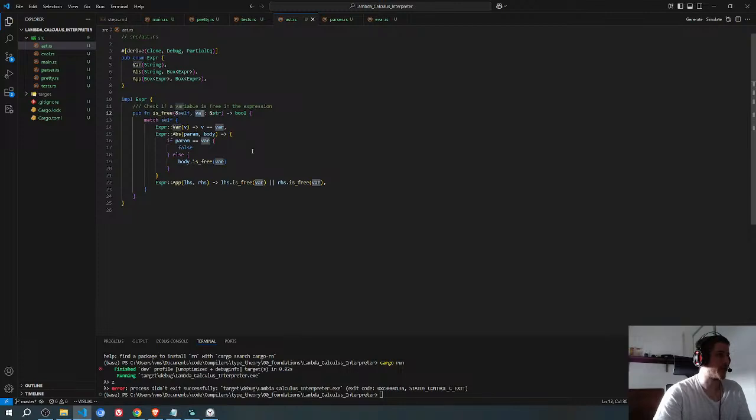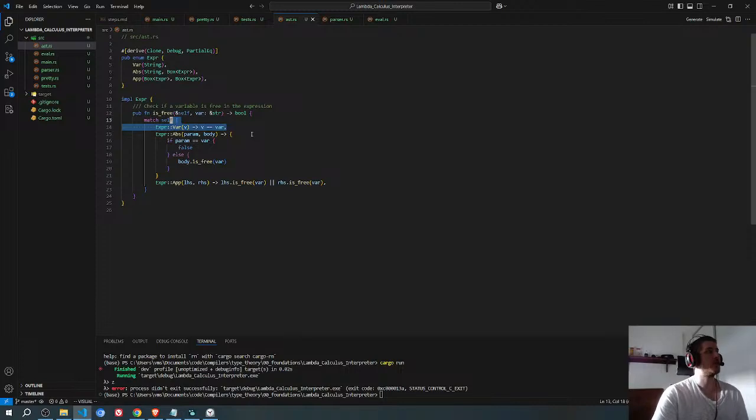So it's basically pattern matching on the self, which is gonna be the instance of the type, I think. And it returns if the variables are the same, I think. It's free in the expression. And I think a free variable is a variable that is not directly linked to the function.